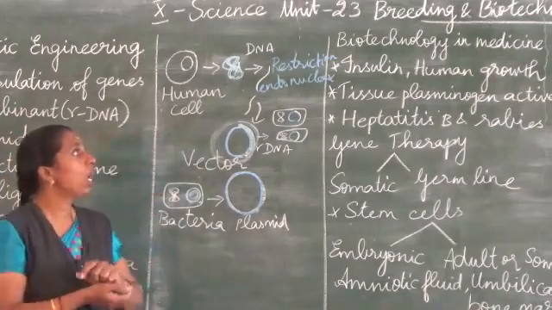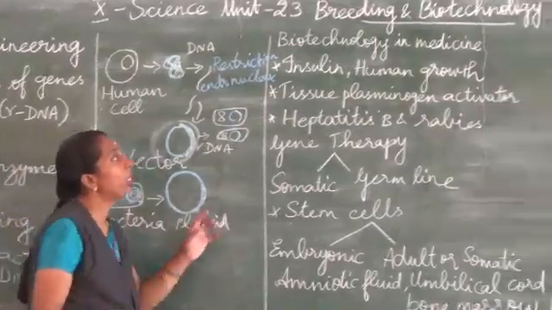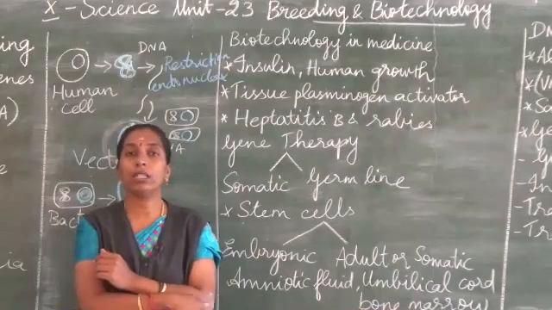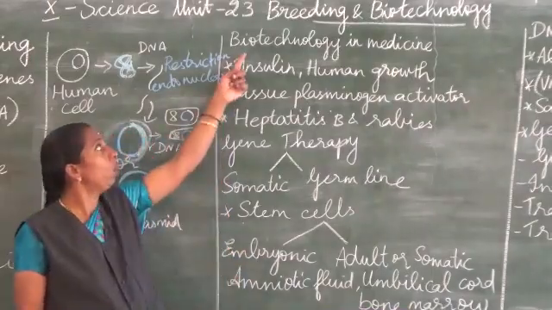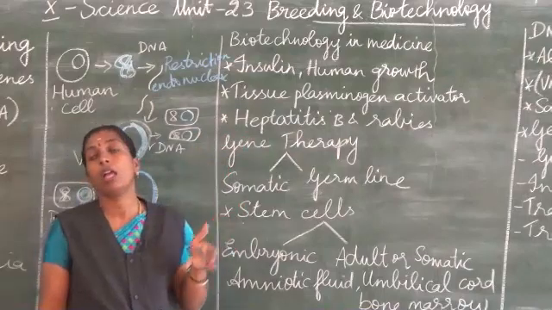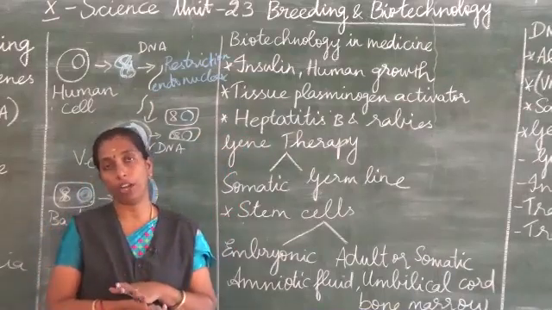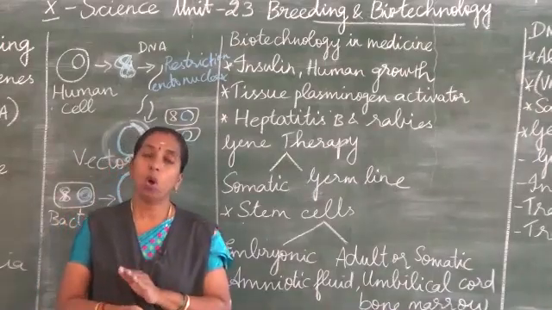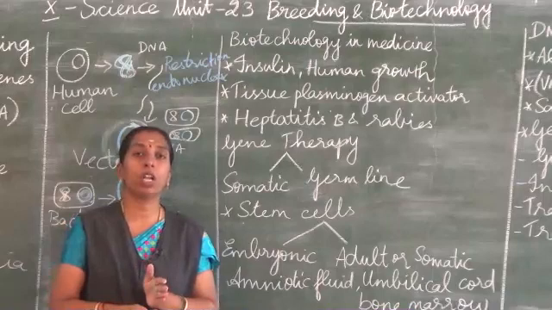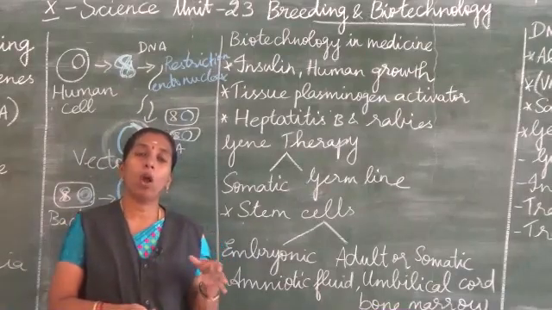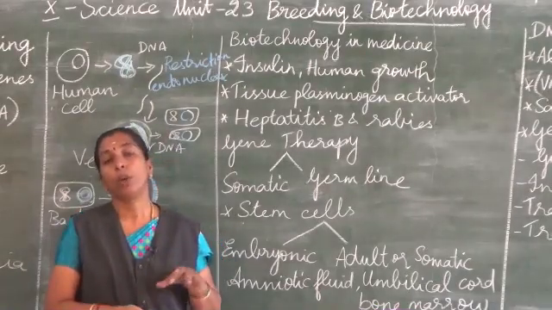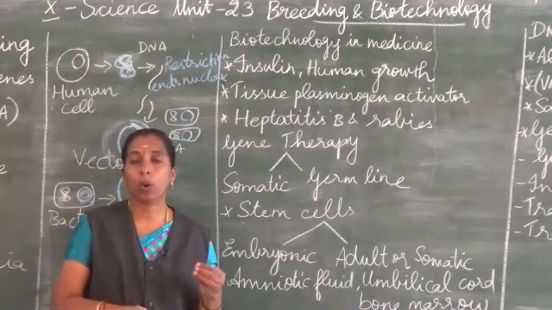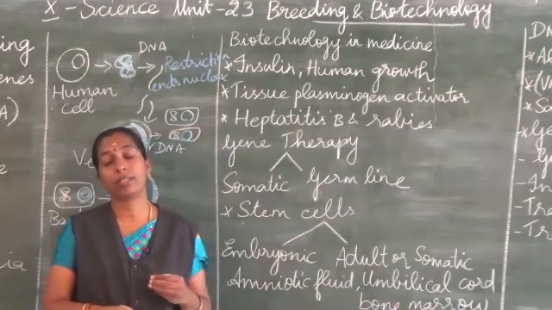Now we shall see biotechnology in medicine. This is also an emerging field of science. What are the things produced using biotechnology principles? Biotechnology is an emerging field of science using biological organisms to produce valuable quantities of vaccines, human growth hormones, drugs, medicines.